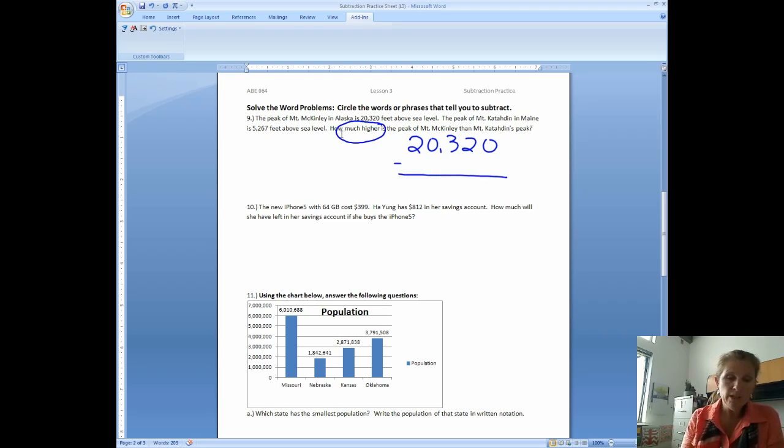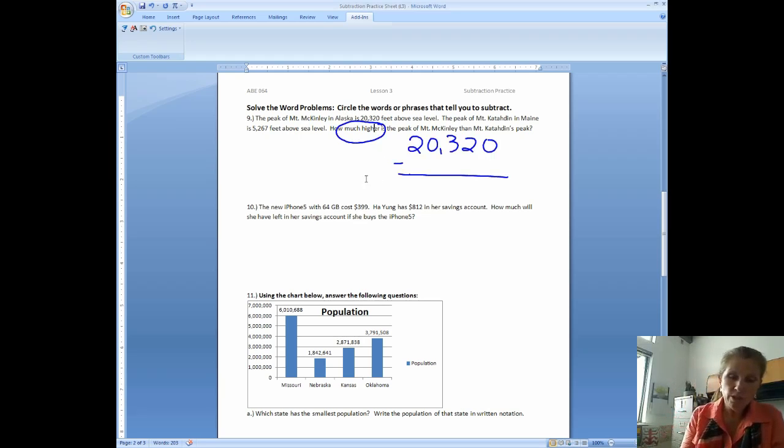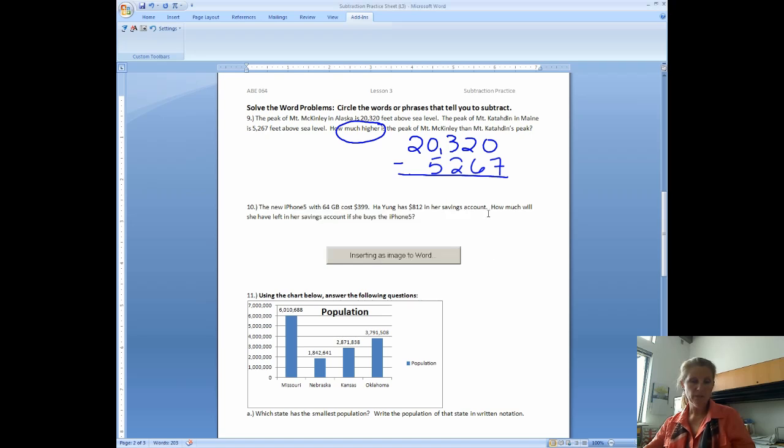My subtrahend is going to be 5,267, and now I have to... what happened? All right, may not be great to be using this as my writing tool.